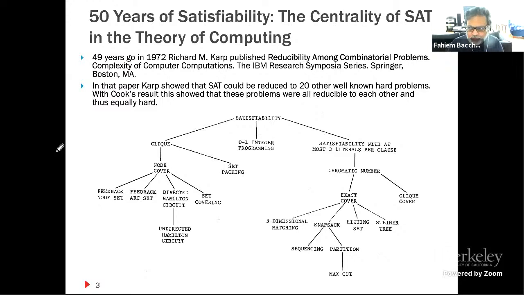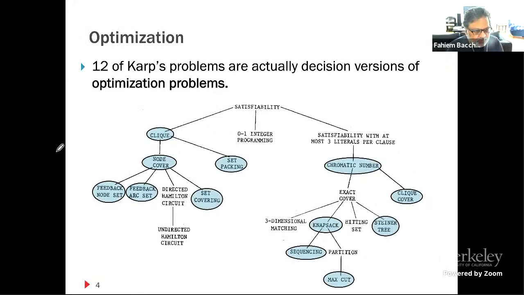What's interesting with respect to what I'm going to talk about today is that of the 20 problems that Karp talked about, 12 are actually decision versions of optimization problems. Problems like clique or chromatic number were specified as asking the question, is there a clique of a certain size K? And that was a decision problem.